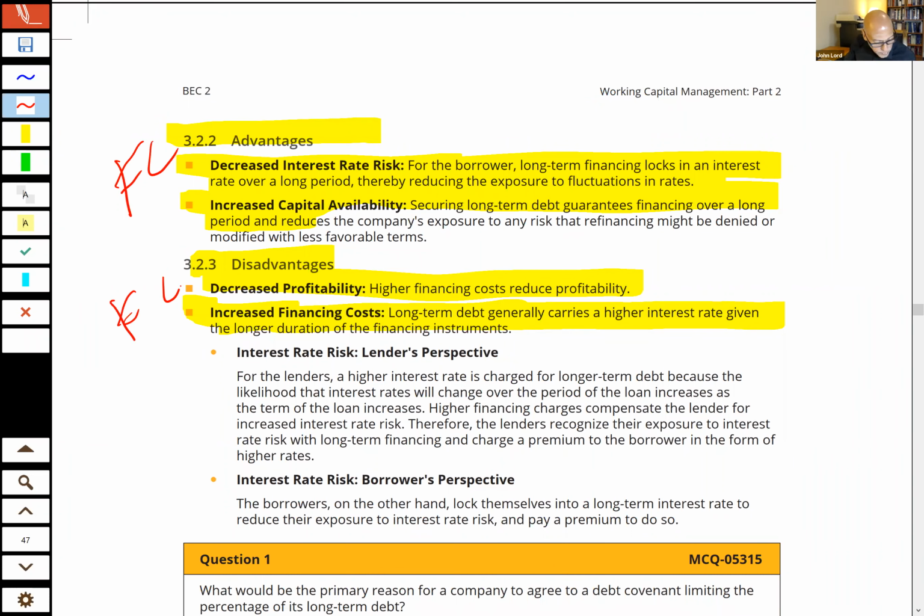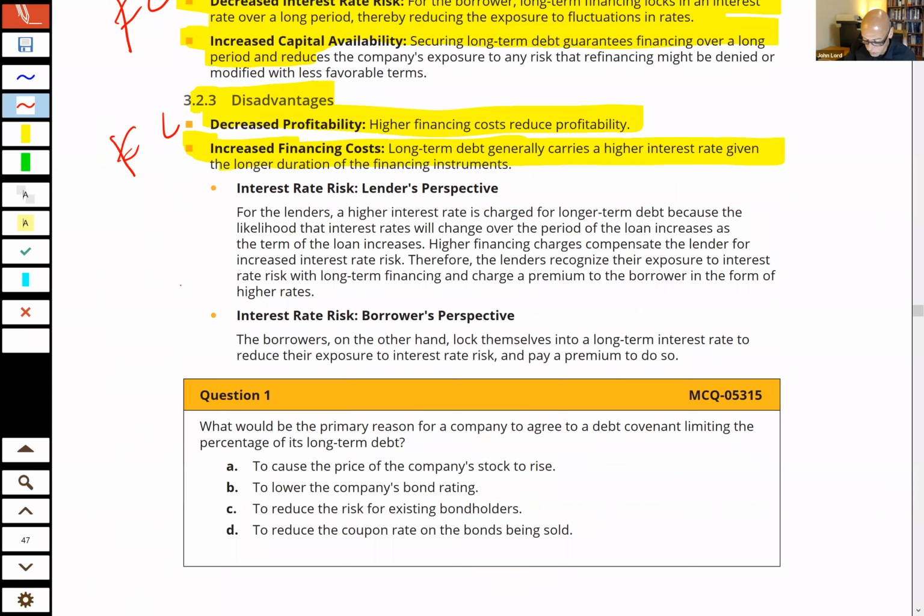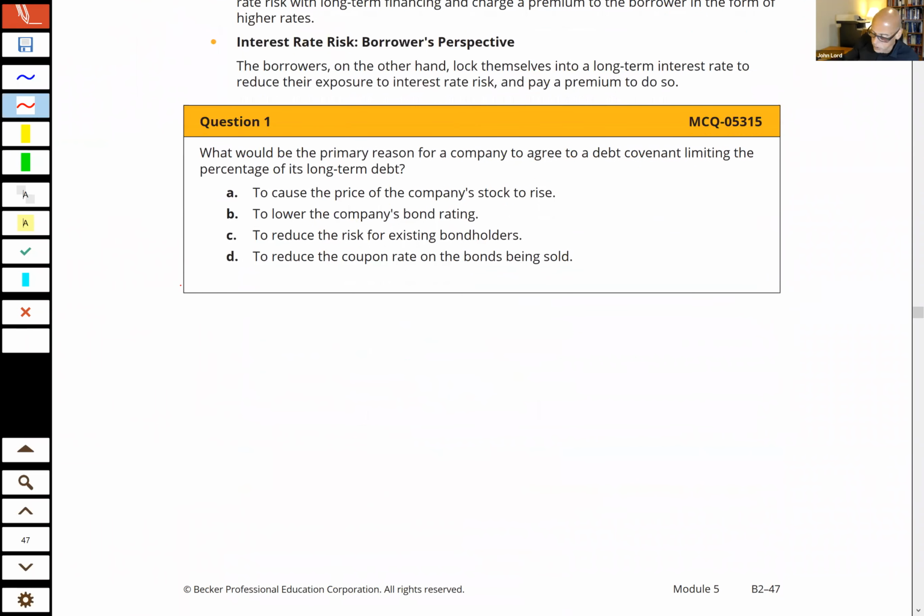And then let's go ahead and look at this class question.